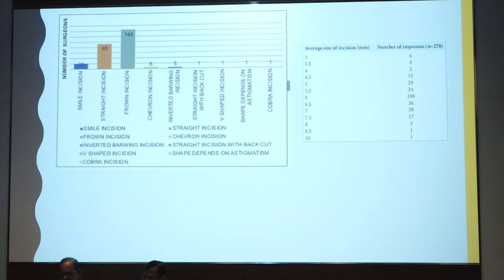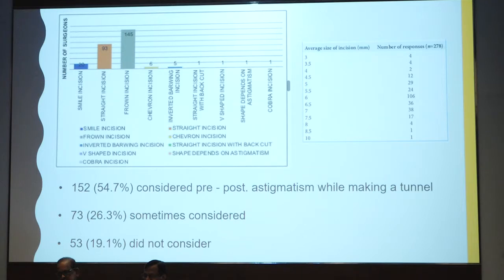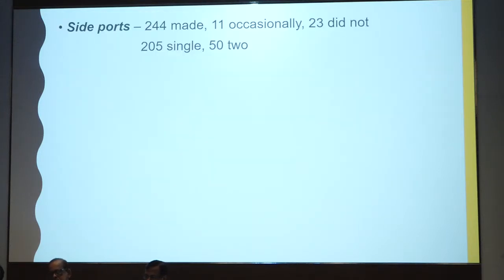Coming to the size of the incision, it ranges from 3 millimeter and now of course 2 millimeter. This was done in early 2020. So it begins from 2 millimeter to 10 millimeter with the commonest size being from 5.5 to 6.5 as we now know. 142 surgeons do consider the toricity while they make their tunnel with respect to the size and shape. 73 just sometimes consider it, and 53 do not take into consideration the toricity.